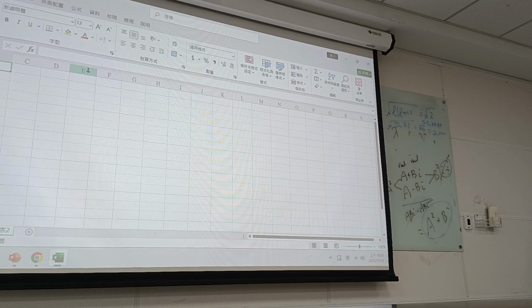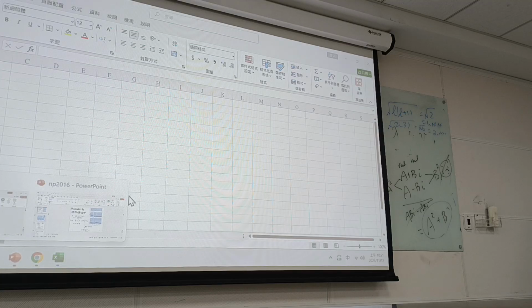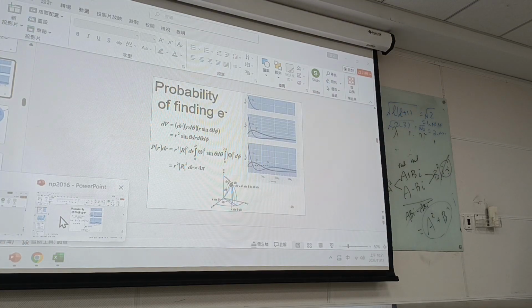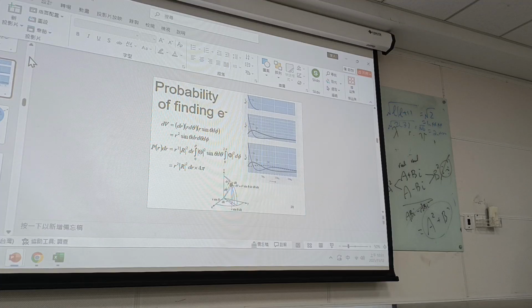What is the R function? R function equal to what? Let's use the 1, 0, 0, 1s orbital.